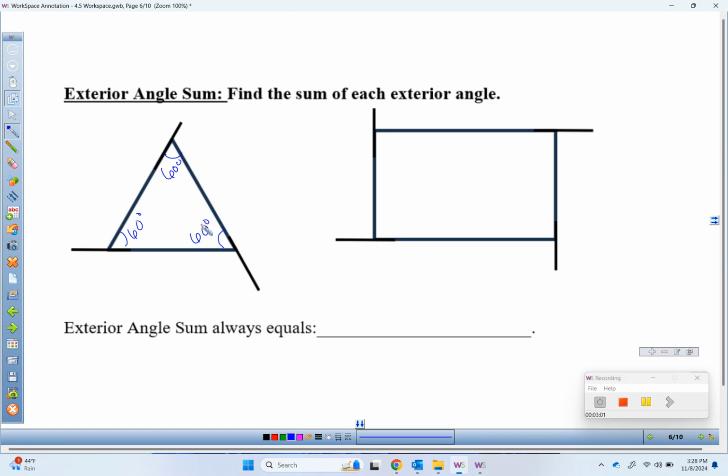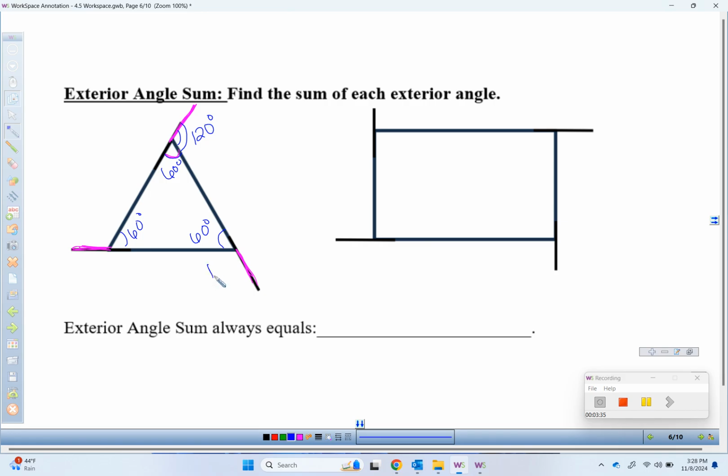Okay. And the way this is going to work is if you extend each of these out like this, and this one, and this one, we see that we have a relationship between this interior angle and this exterior angle out here. Okay? And if you take 180 minus the 60, you'll get your measurement for out here, which is 120 degrees.